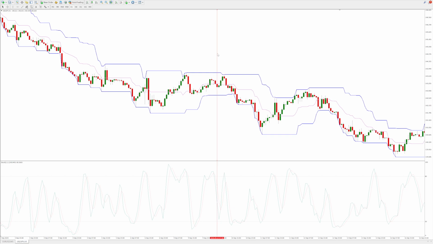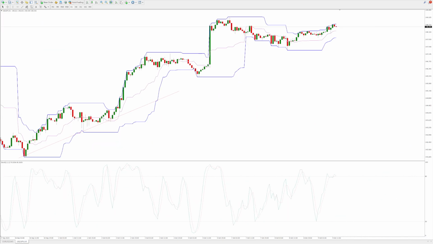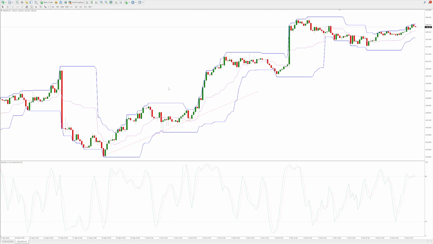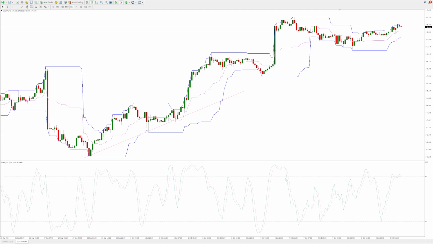Okay, so you can use other indicators for confirmation, or you can just use it as it is at a minimum: price action, support and resistance, and good money management as always. Okay, just to show you a stochastic confirmation there for a reversal trade.